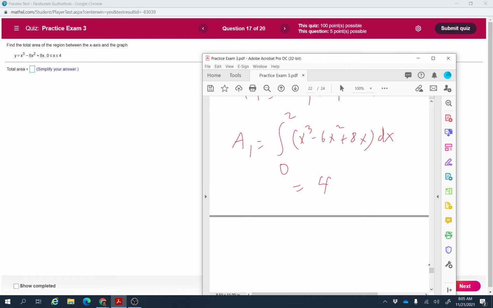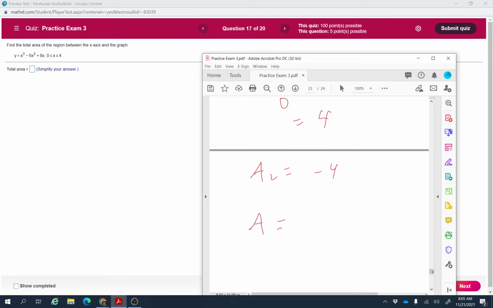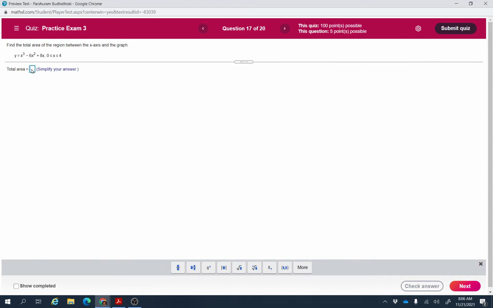For a2, if you do exactly the same thing, the value would be negative 4. But the area is a1 plus the absolute value of a2, which is 4 plus the absolute value of negative 4, which is positive 4, so it's eventually positive 8. Total area is positive 8.